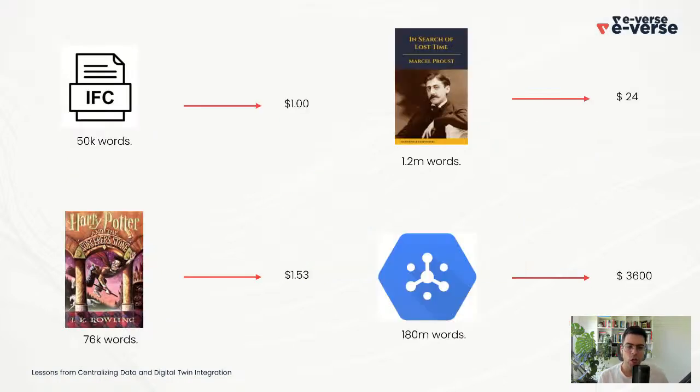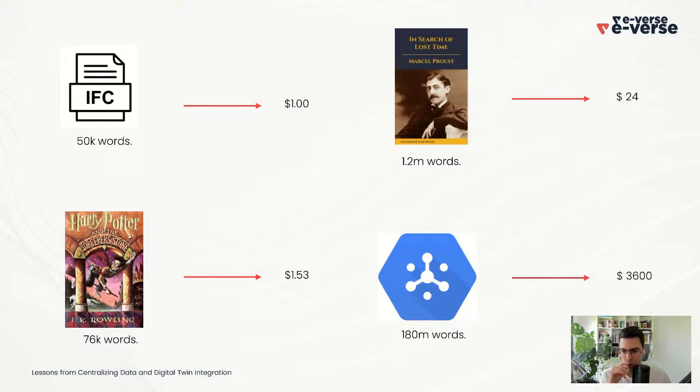That's first, and then the cost can be a lot. For example, if you send an IFC with 5,000 words, it's going to cost you a dollar every time you make a question to that specific IFC. If you send the largest book in the world, by Marcel Proust, it's going to charge you $24. $24 every time you make a question.